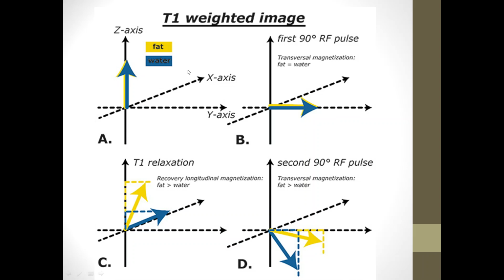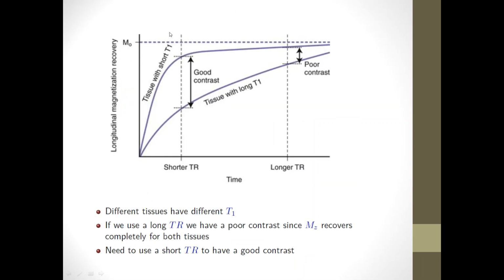So we are repeating this again. If we take a long time to apply the second pulse, fat and water will be fully recovered. You want to differentiate between them, so you have to make a difference in magnetization between them, so you must not take a long time. That is the reason why TR, the repetition time between the first pulse and second pulse, is short in a T1 weighted image, like here.